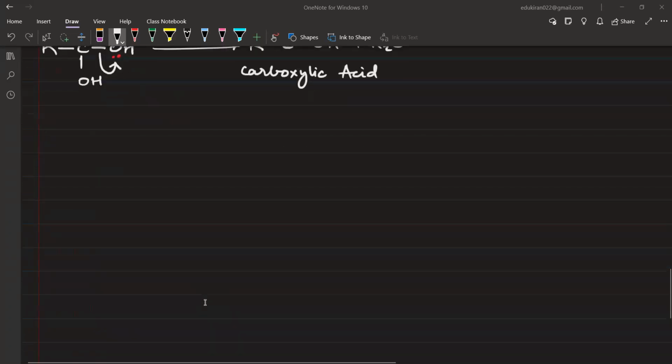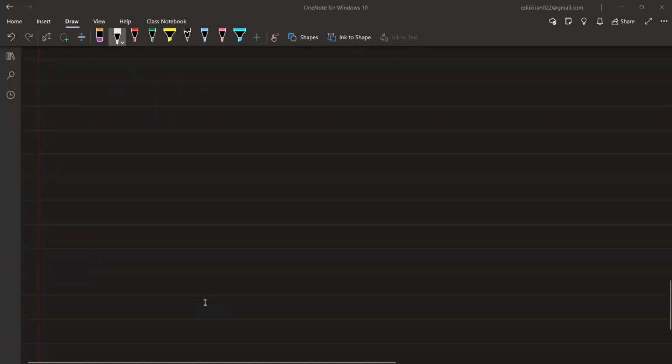The classification is done. We will do some IUPAC nomenclature. I will give some structures. You try to write their names.